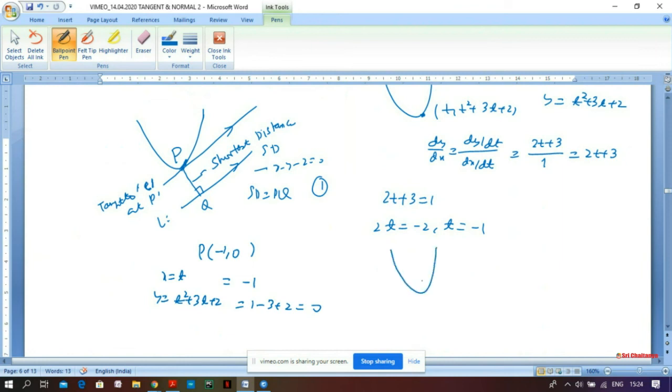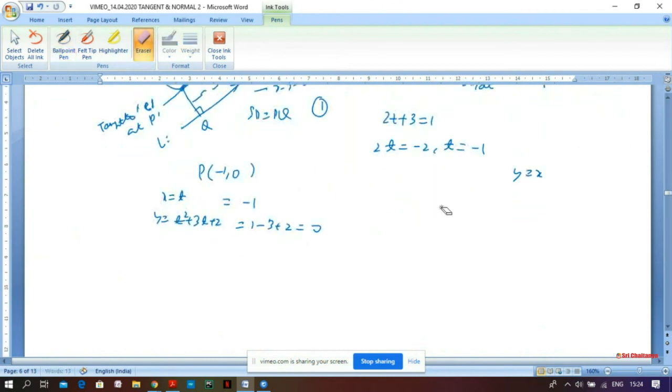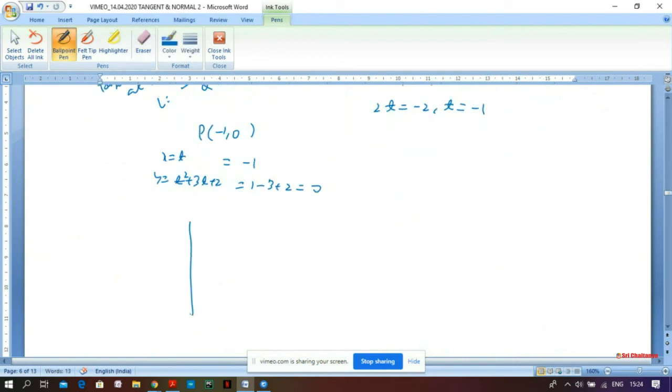This curve was x square plus 3x plus 2. Let me erase it and draw it here on the graph paper. So y equal to x square plus 3x plus 2.